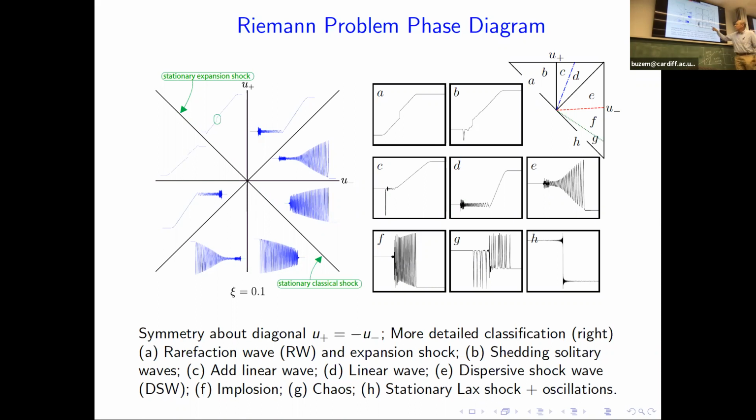Then you give way to trains of solitary waves going in both directions. And finally, on this diagonal, where you would expect to see a classical shock wave, indeed you do, but there are also associated small oscillations. That's the entire panoply of solutions, because below this diagonal, you just reflect the solution.